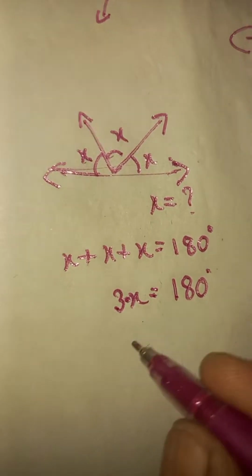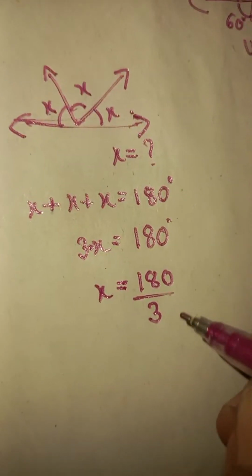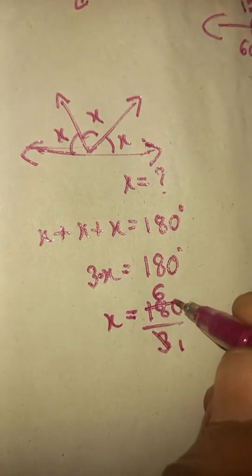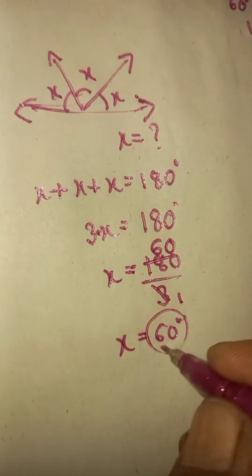This 3 comes to the denominator, so x equals 180 by 3. Now 3 times 6 is 18, and 0 comes with it, so x becomes 60 degrees.